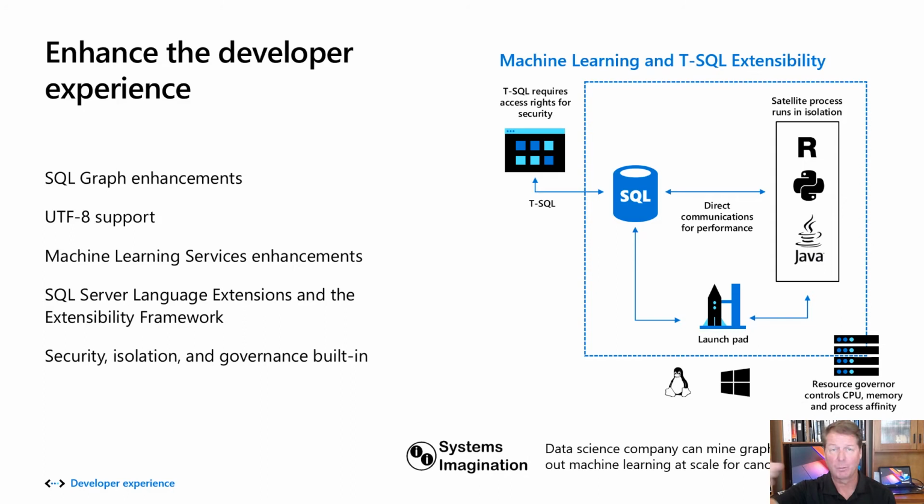And we even have a platform we've built here where you're going to see other languages show up in this model. Systems Imagination, being a customer that out of the gate went right to SQL Server Machine Learning Services, has loved that model because it's allowed their data scientists to even train and run their models on a scalable SQL server versus having to put them on workstations that may have stale data or data that's not secure.